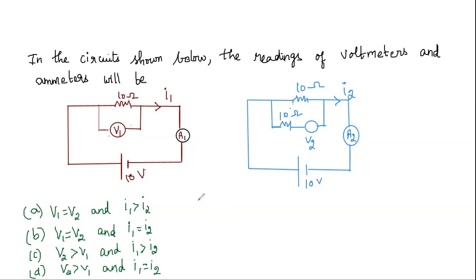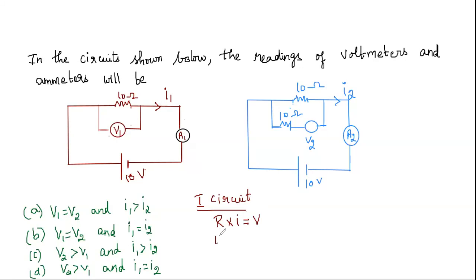Now I will be working with the first circuit. For the first circuit, I need to find out I1. For that, I am using Ohm's law. So R into I is equal to V according to Ohm's law.